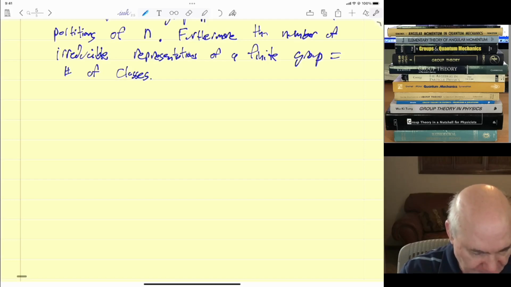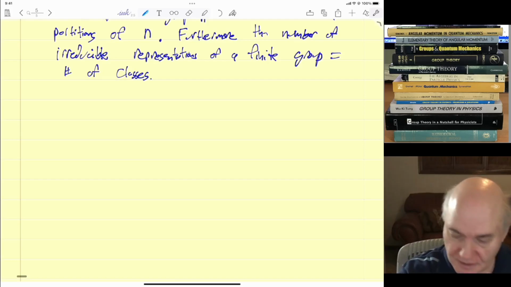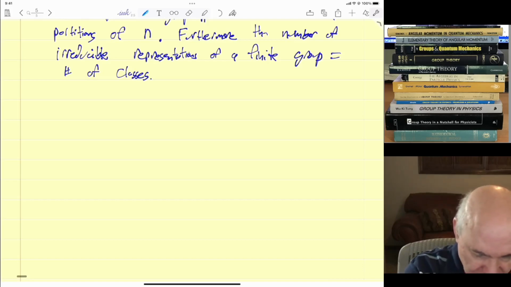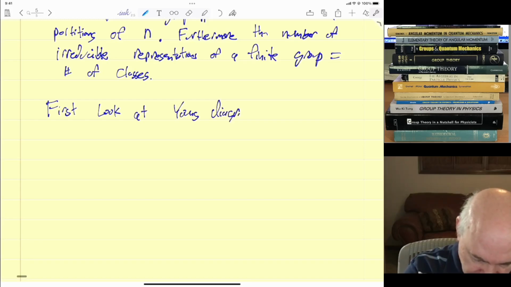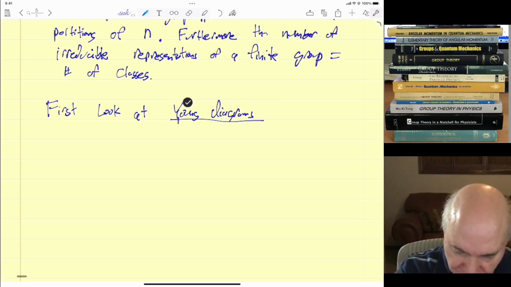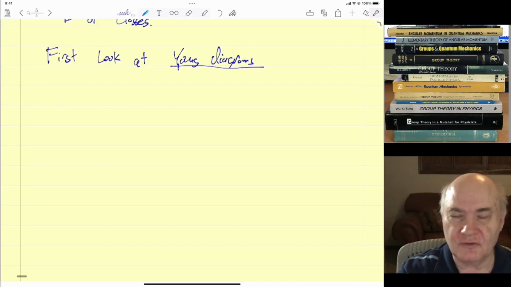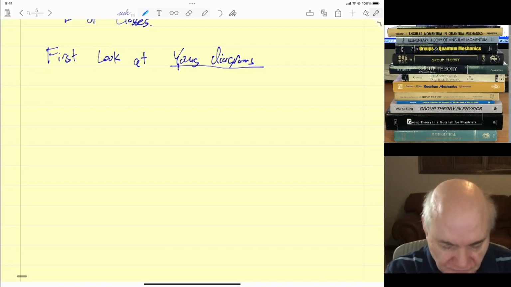So I want to finish here with a first look at Young diagrams. Now, the idea of Young diagrams is sort of to use a graphical way. Physicists love this, most physicists.